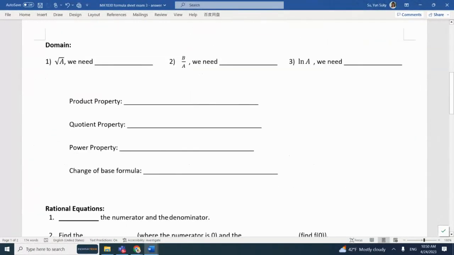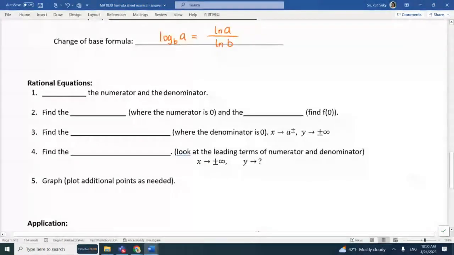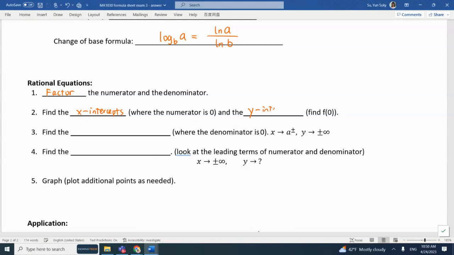One more: rational functions. First step, you need to factor the numerator and denominator. Second, find the x-intercept, where you set the numerator equal to 0, and the y-intercept, where you plug in f of 0. Then find the vertical asymptote, where you set the denominator equal to 0.